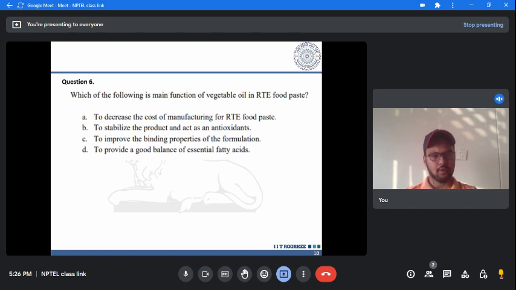You don't need to do any cooking, you just add hot water, shake it, and wait for 2 to 3 minutes. Your product is ready. That kind of food is called RTE food, and now you can see RTE food is in trend everywhere. So if you are adding vegetable oil in the RTE food base, what is the main function you need to tell here?